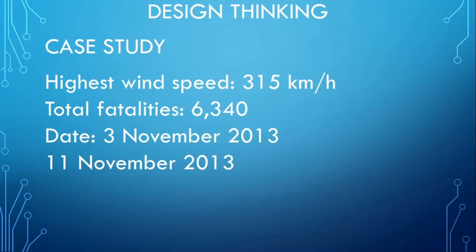That speed is very dangerous, and it did a lot of damage to the Philippines. Total fatalities were 6,340, and it hit the Philippines from 3rd November 2013 to 11th November 2013.